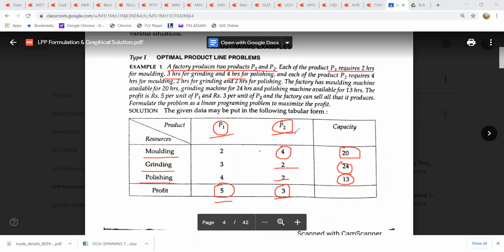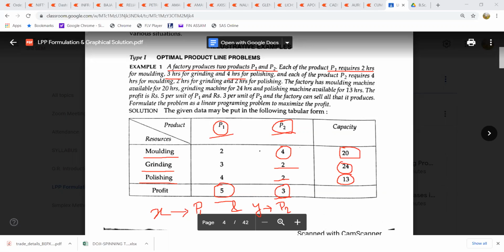So for that, we will consider that the company is manufacturing X number of product P1 and Y number of product P2.